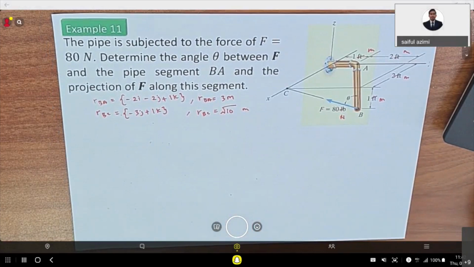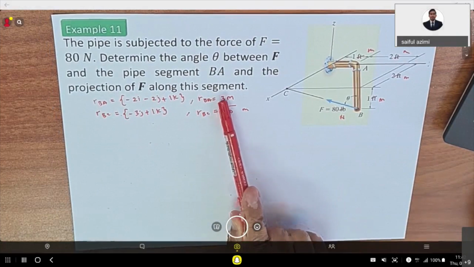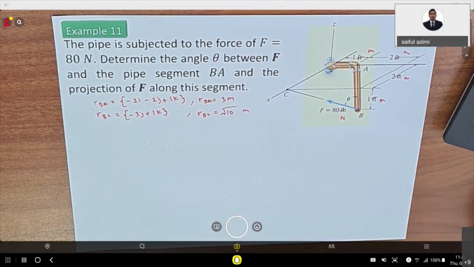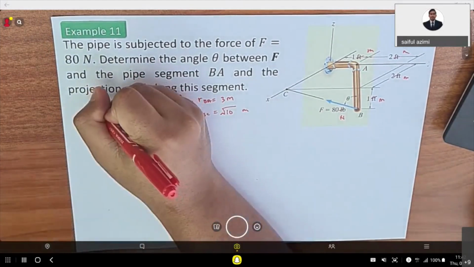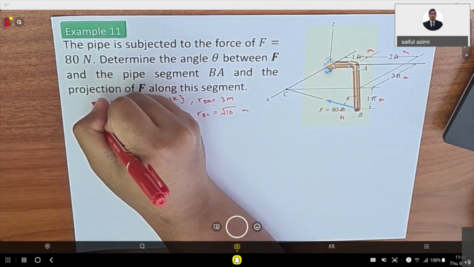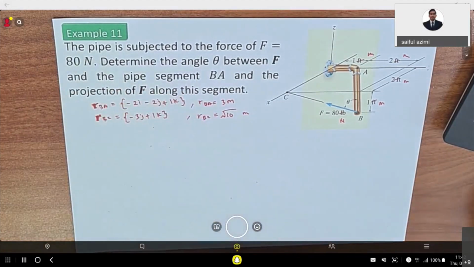So I wanted to ask you, how do you find the length of RBA? Guys? It is given the position vector here. How do you want to find this? Do you remember? Guys, do you remember how to do it?